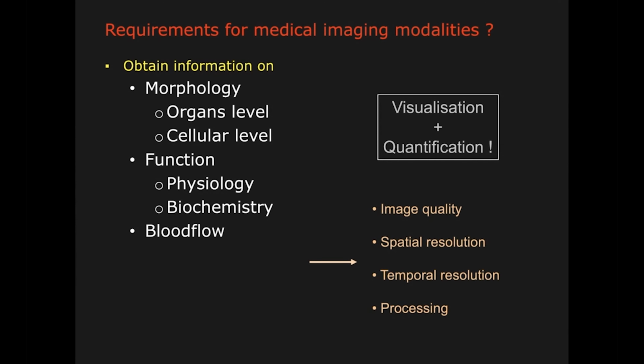Especially when you go to private clinics, they have to get the money back, and then they try to advertise something saying, look, this is superior to that one, so pay a little bit more so that I can pay for my scanner. These kinds of things you should always keep in mind.